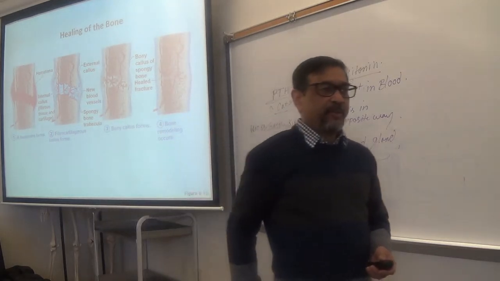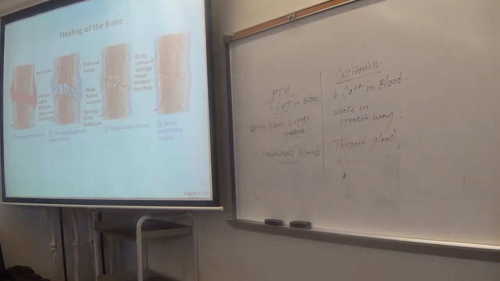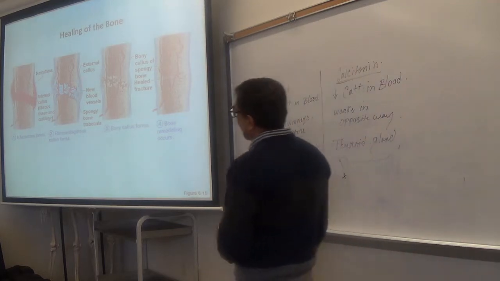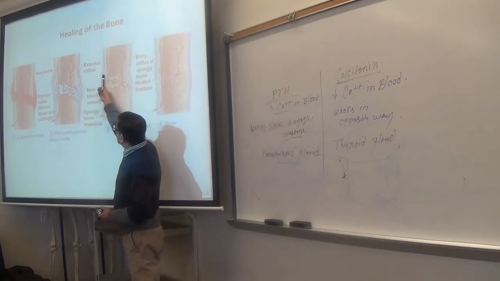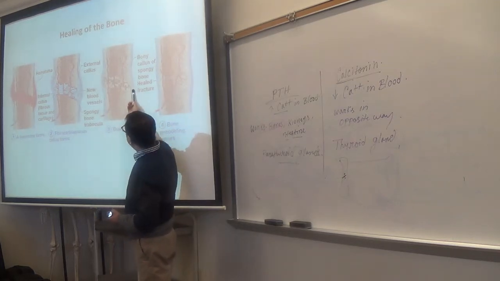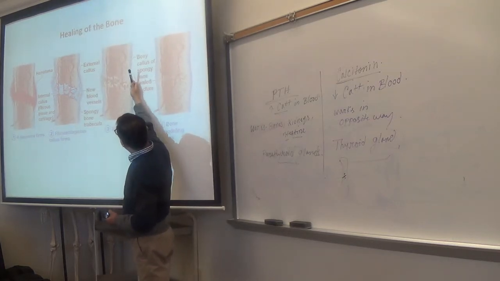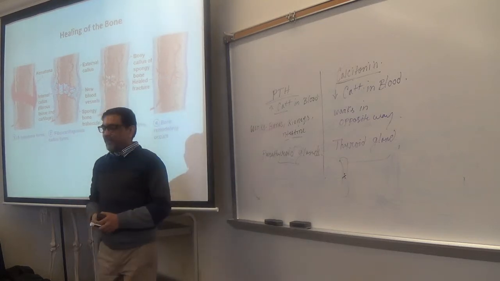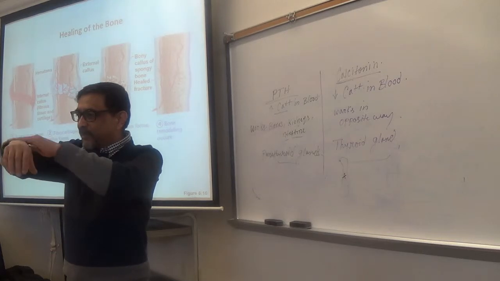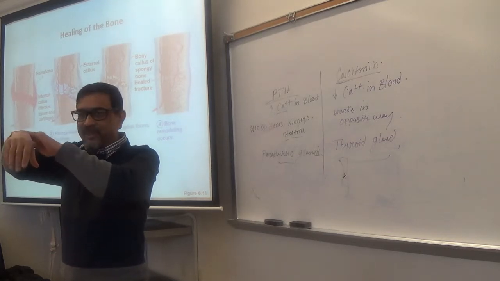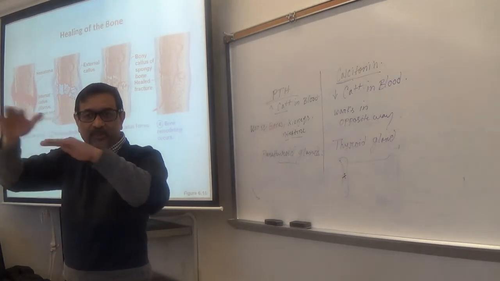So matrix will be deposited and it will become hard bone. Now you see the last thing, what is important, after the bony callus is formed, the surface is still rough and elevated, you see here. So after the bones join together, if you touch that area, you will see still rough. It's not very smooth, right?